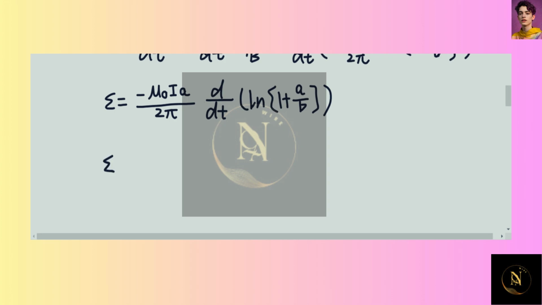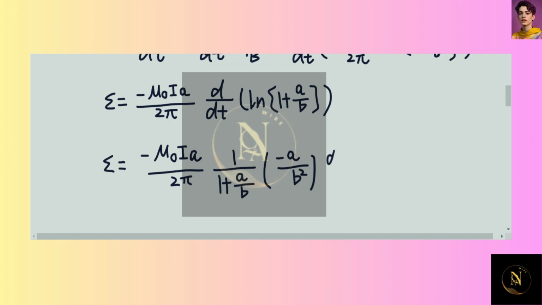So we have EMF is equal to negative mu0 I A over 2 pi times 1 over 1 plus a over b, and then times negative a over b squared, and then times db over dt.